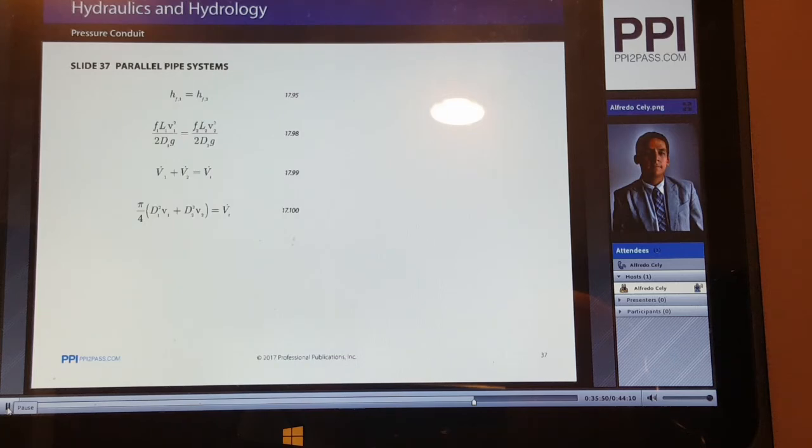To solve a parallel pipe system with only two parallel pipes, you have to simultaneously solve equation 17.98 and equation 17.100.